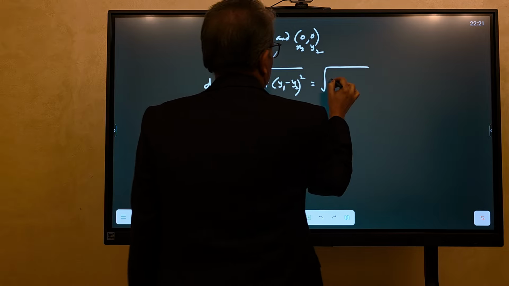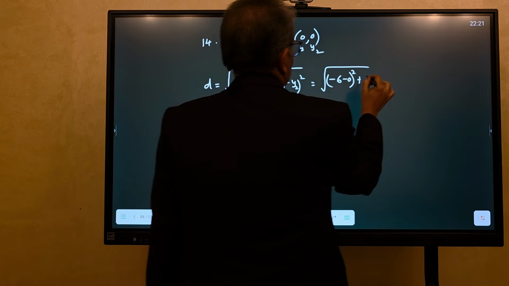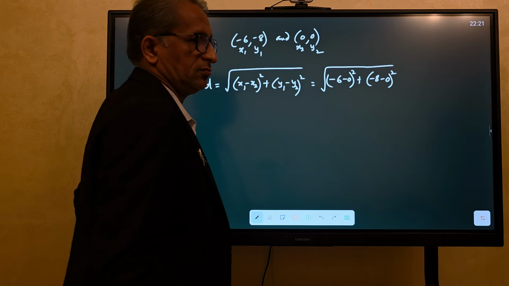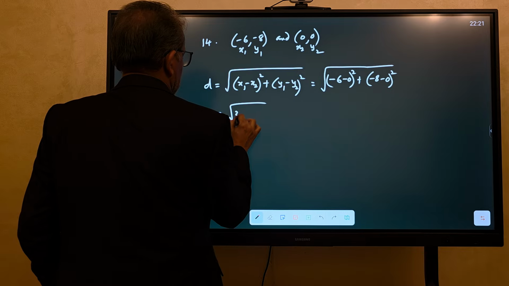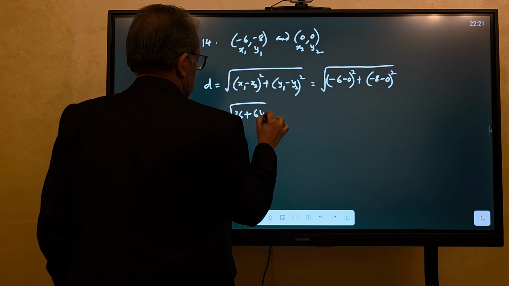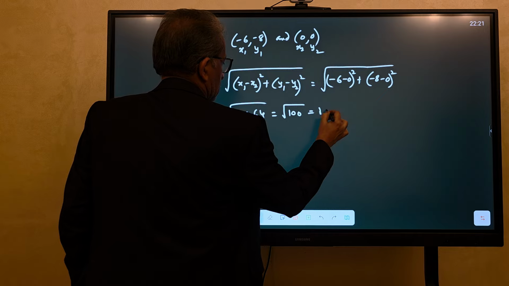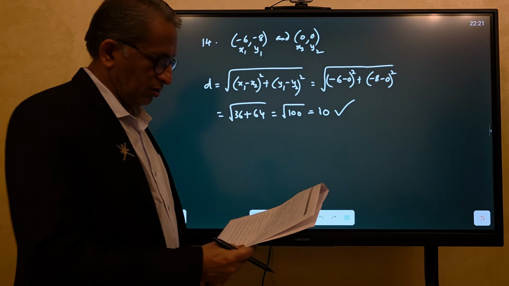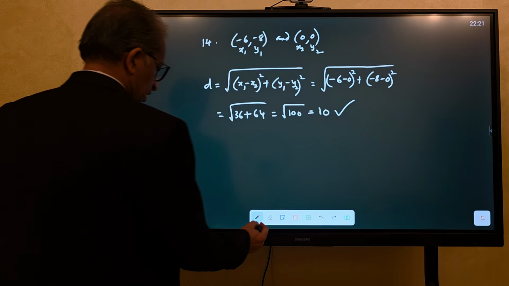So x1 minus x2 is minus 6 minus 0, square, plus y1 minus y2 is minus 8 minus 0, square. That gives you minus 6 square, that is 36. That gives you minus 8 square, that is 64. Square root of 100 is 10, which is the answer. So similarly, you can do the remaining questions. Let's do number 19.